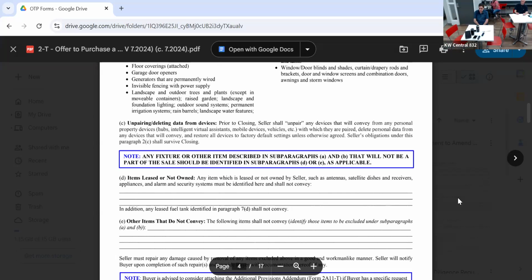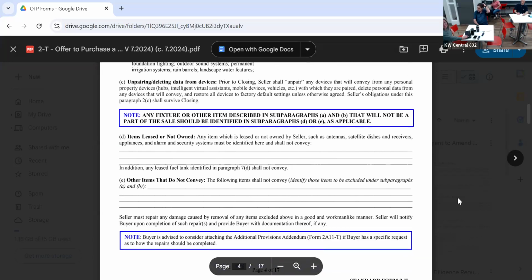When I say that, not necessarily that you're going to be able to find a look-alike of grandma's chandelier, yet if this is a $500,000 house, do not go to Lowe's and buy the $30 brass one that has 3 things sticking up or whatever. I mean, be reasonable about what it's being replaced with. But again, this is just identifying any items that do not convey.